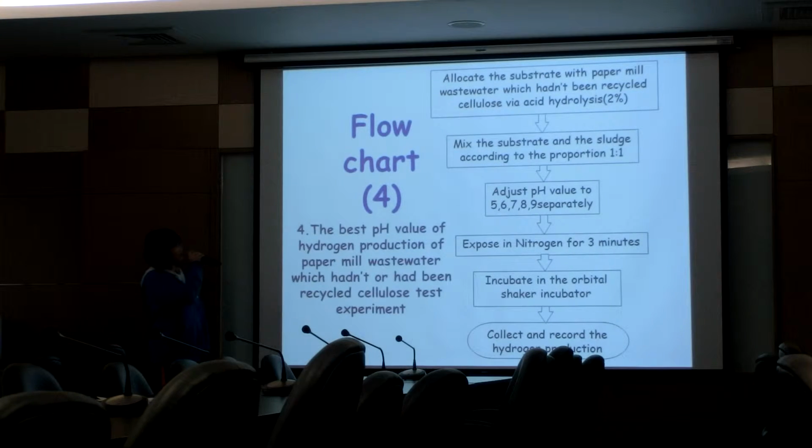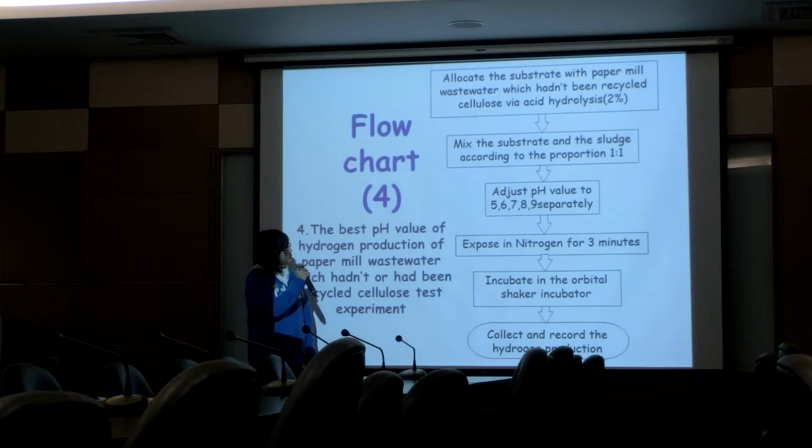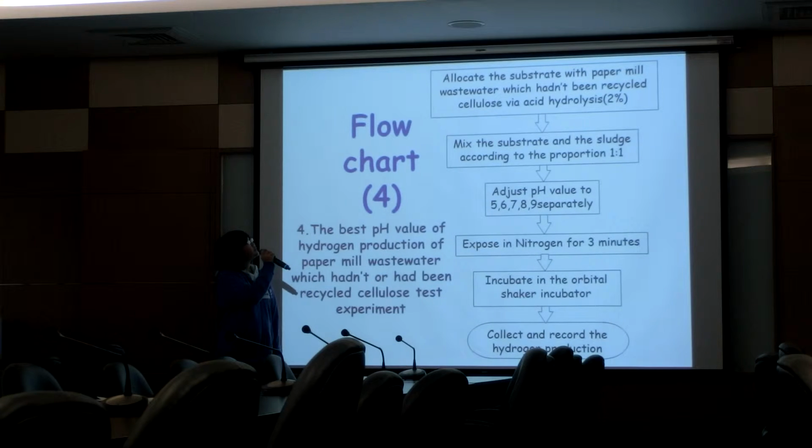This is the flow chart for the best pH value of hydrogen production of paper mill wastewater, which hadn't or had been recycled cellulose test experiment. First, we calculate the substrate with paper mill wastewater which hadn't been recycled cellulose via acid hydrolysis.